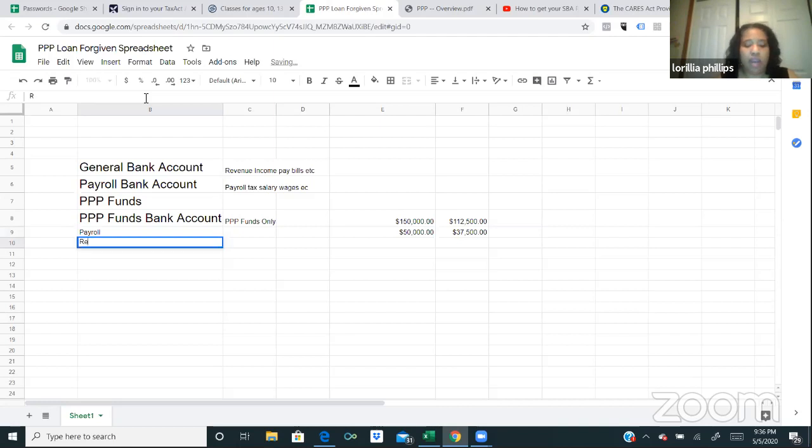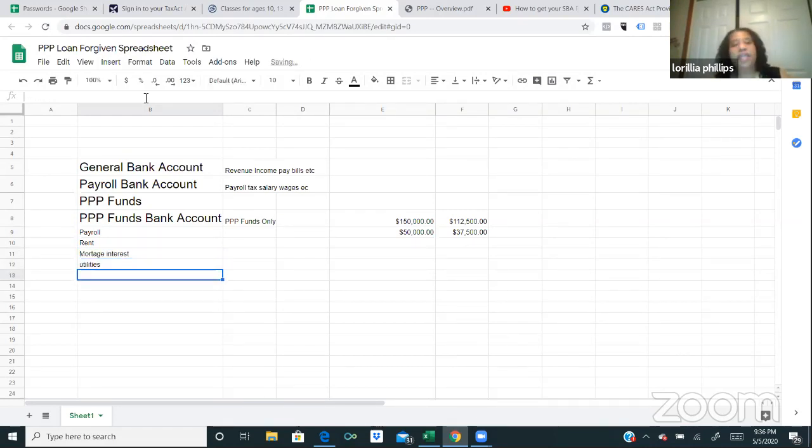This is where we pay our rent. If we are paying on a bank loan, our mortgage interest. And this is where we're paying our utilities. That's the only thing that is going to come out of this account.